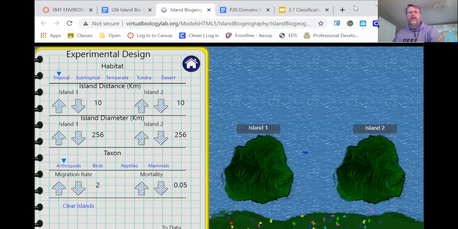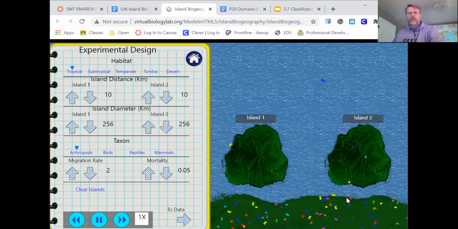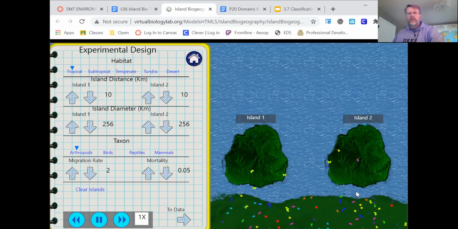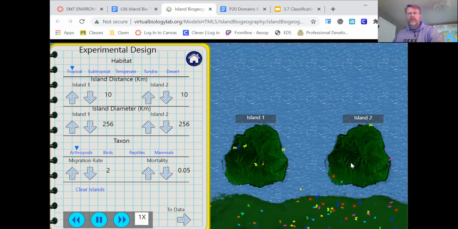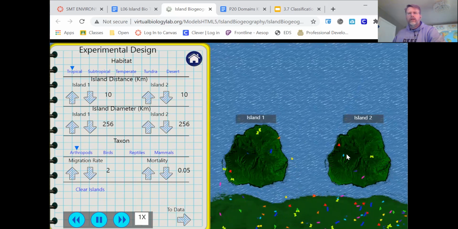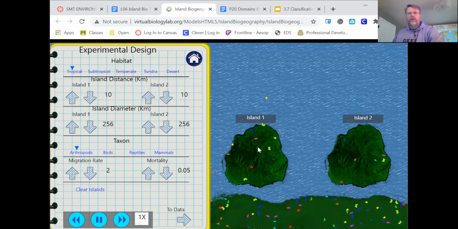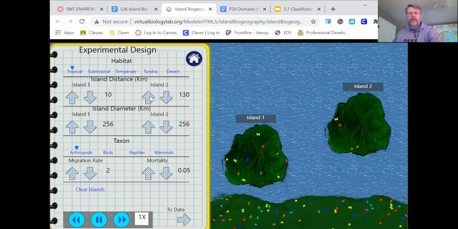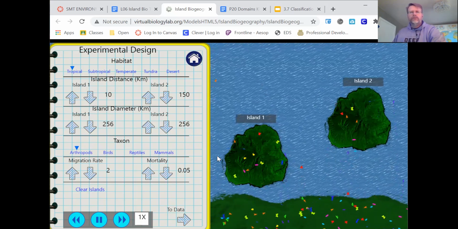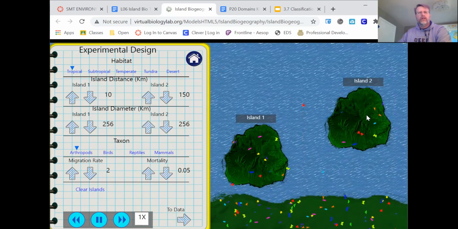So if we have islands close to the shore, some animals are going to be able to cross the barrier and get to the new place and start building up their population. And some animals are going to be slower. We're going to see more diversity in some places than the other. And if we do some things like move it farther away, we'll see this one builds up more diversity faster than does the other one.